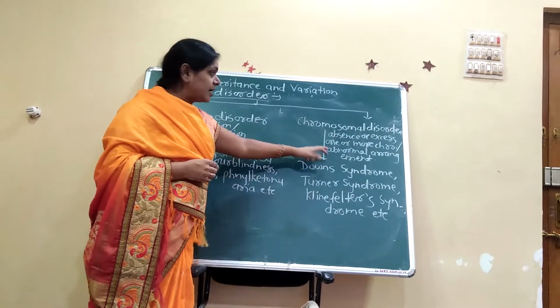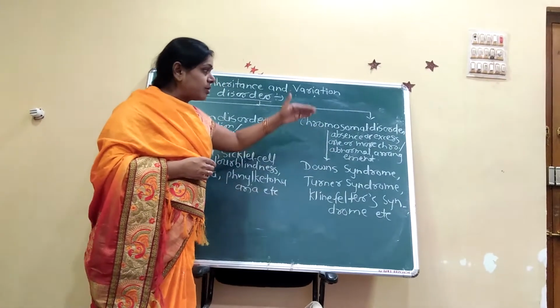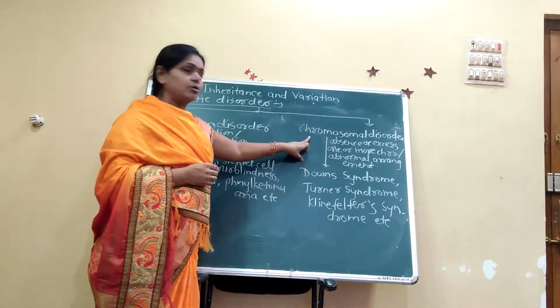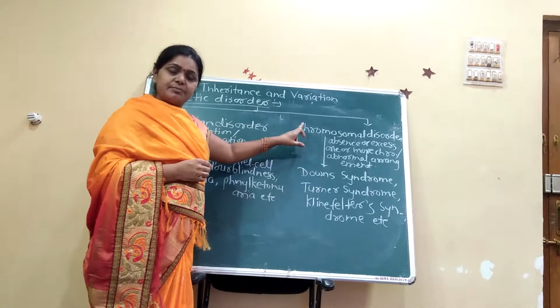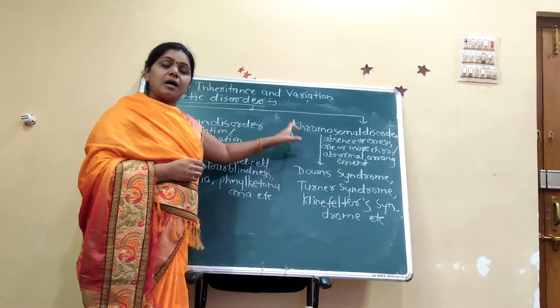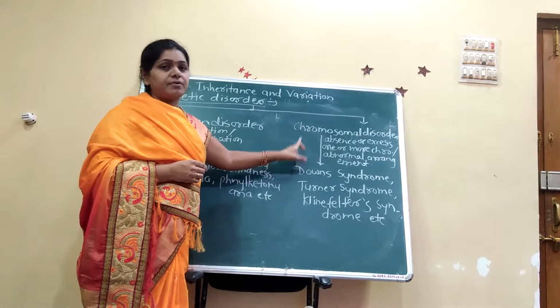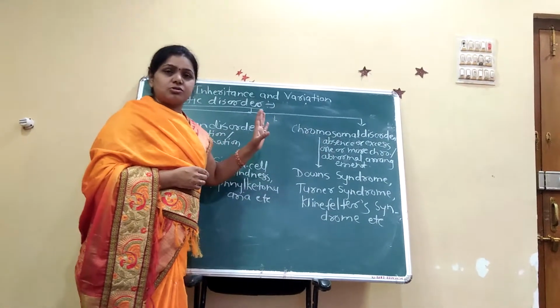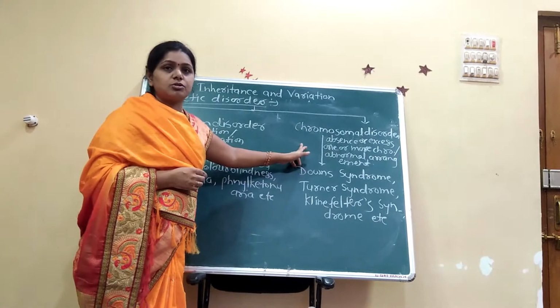Abnormal chromosomal arrangement is also one of the conditions of the chromosomal disorder. That means in chromosomal disorder, absence or excess of one or more chromosomes.